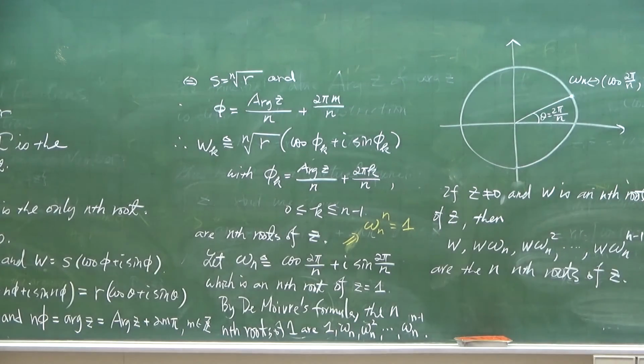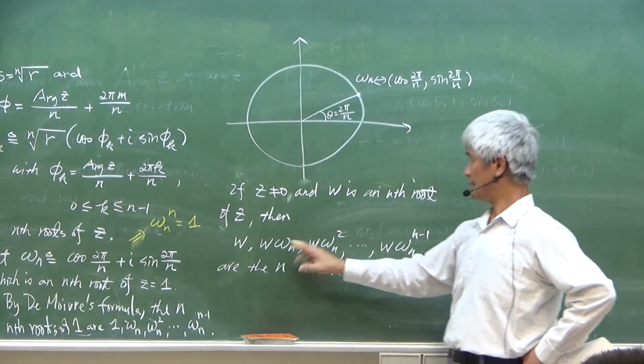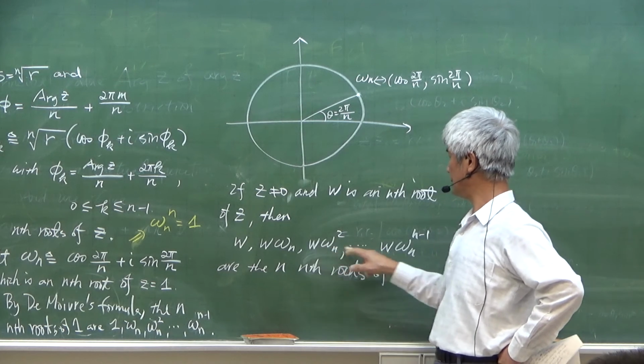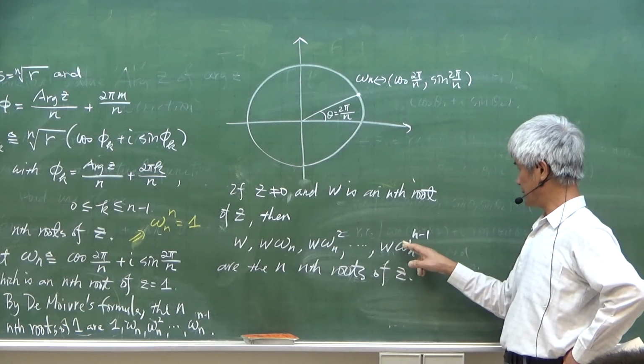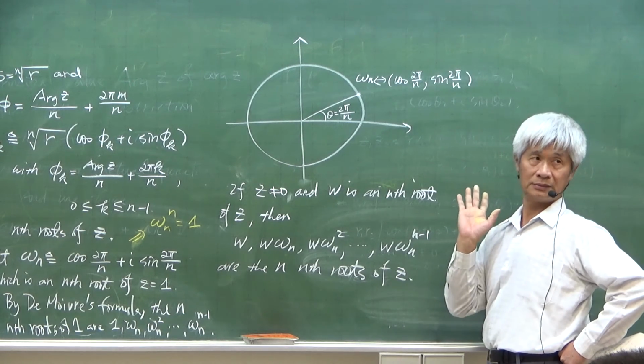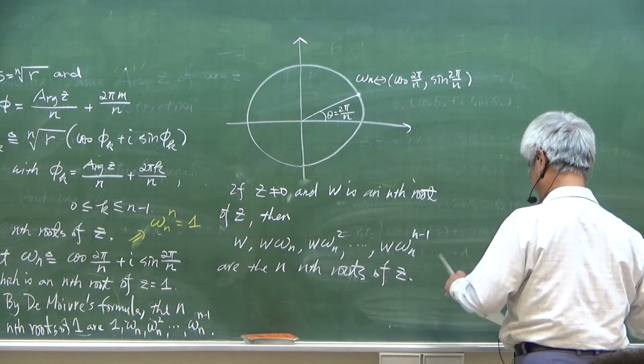So it's very easy to represent the nth roots. If z is not equal to 0 and you find one nth root w, then the others can be constructed very easily. Just multiply by omega n, omega n squared, up to omega n to the n minus 1 power. So it's very easy to represent that.